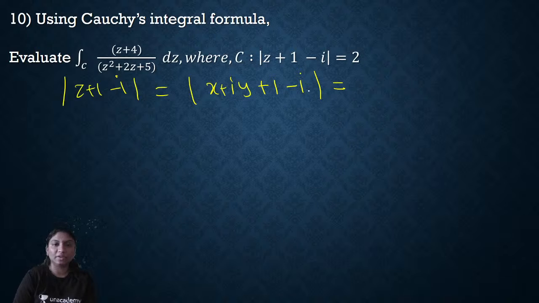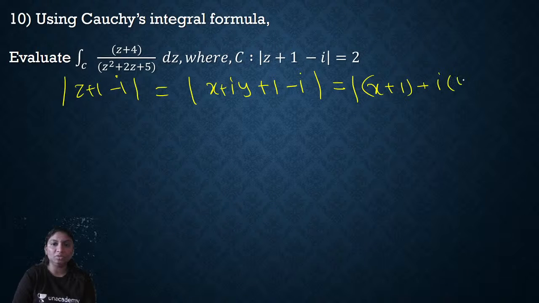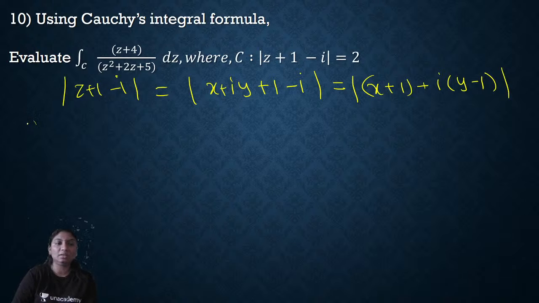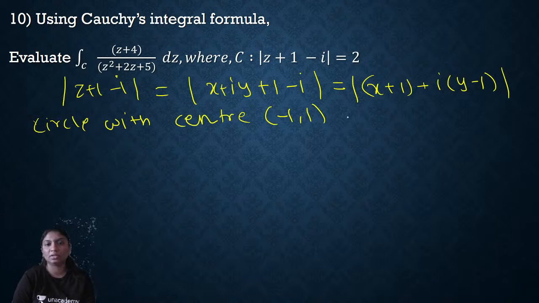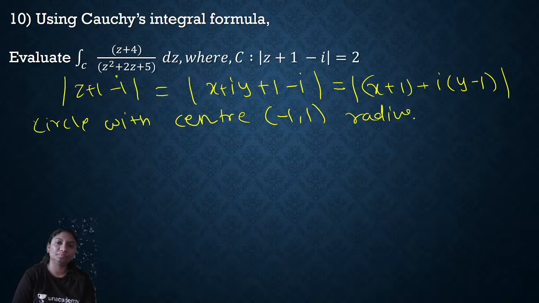So which is equal to x plus 1 plus i into bracket y minus 1. So this is a circle with center minus 1, 1 and radius 2.